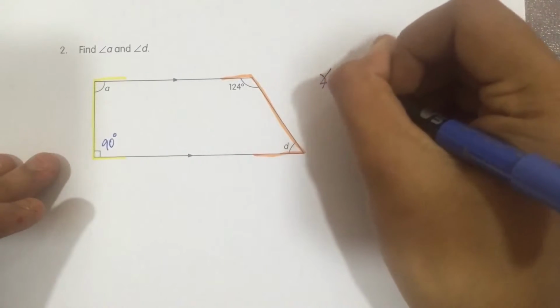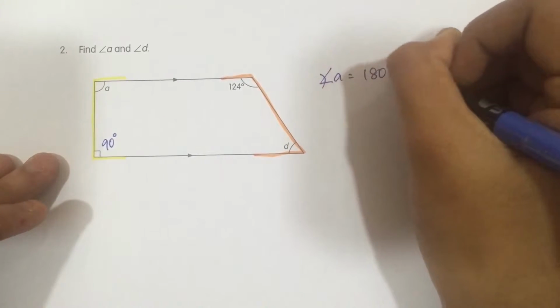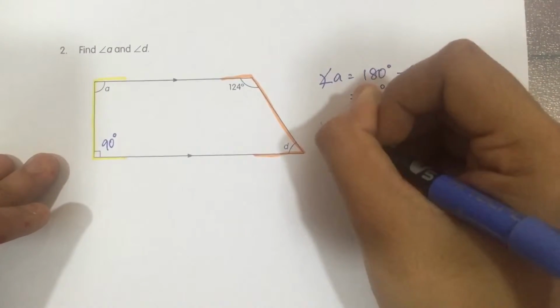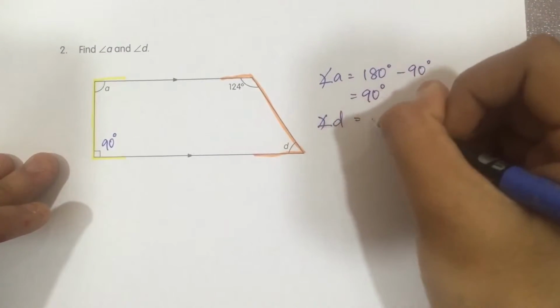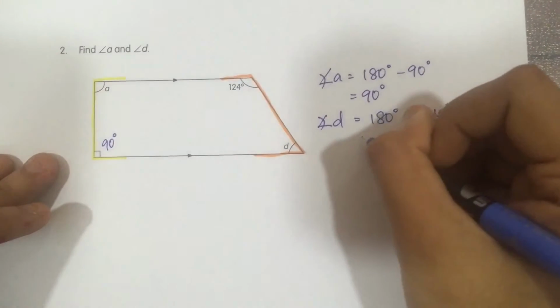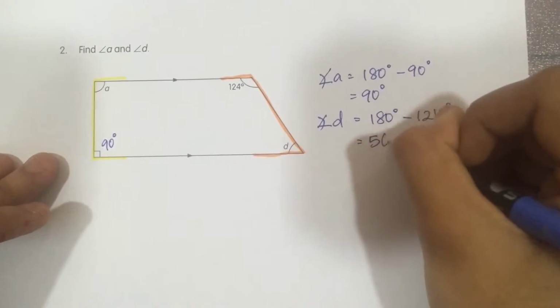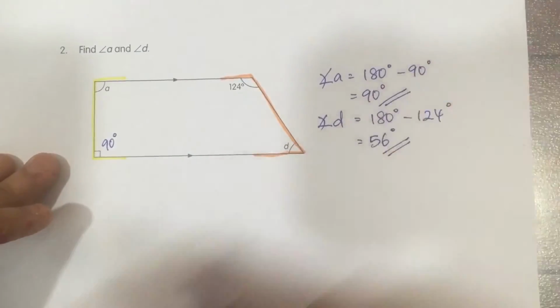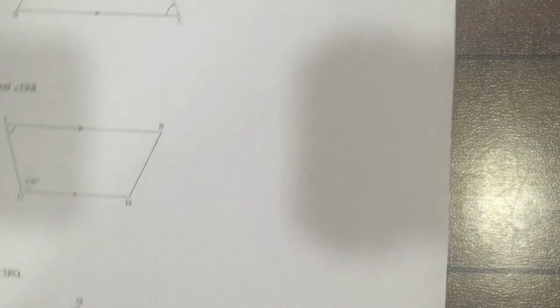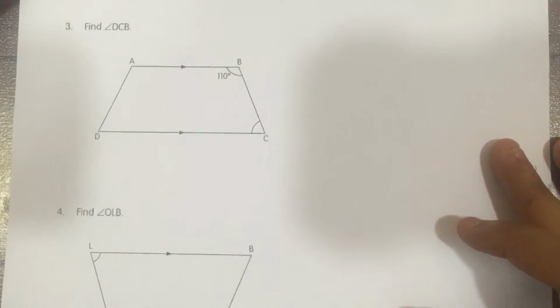So angle A is 180 minus 90 degrees, which is 90 degrees. Angle D is 180 minus 124 degrees, which is 56 degrees. Question 3 on page 132.